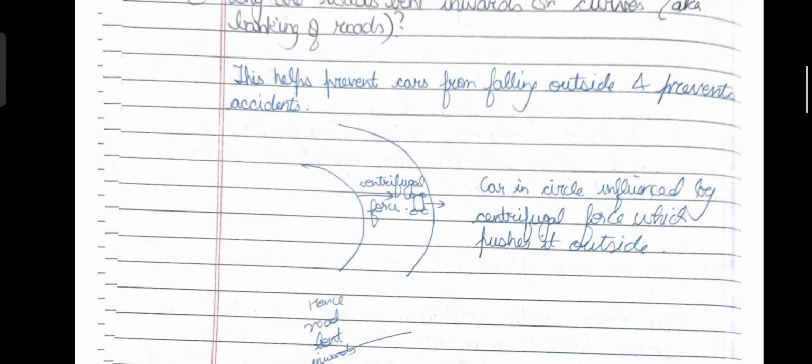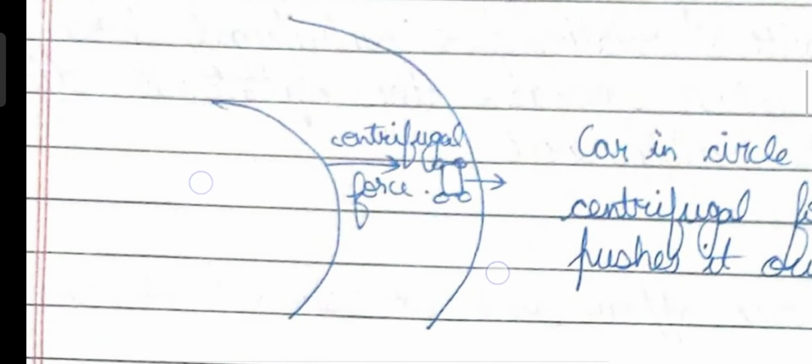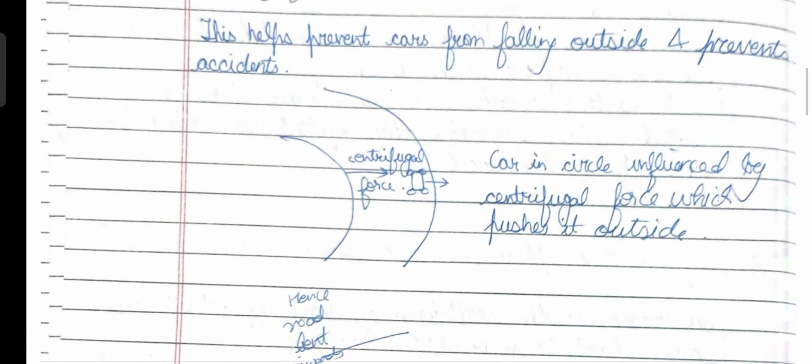This centrifugal force moves from the center towards the outside. So if the vehicle is placed like this, the centrifugal force will try to push the vehicle outside, and this can lead to accidents, and the vehicle may skid outside. As you are aware, in hilly areas there are mountains on one side and valleys on the other side, so the vehicle might actually skid into the valley or be prone to accidents.